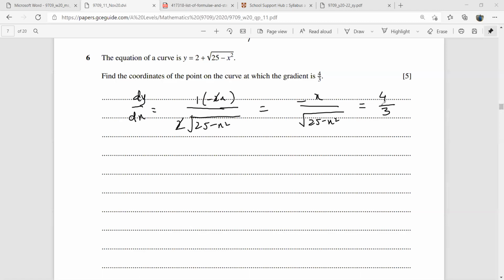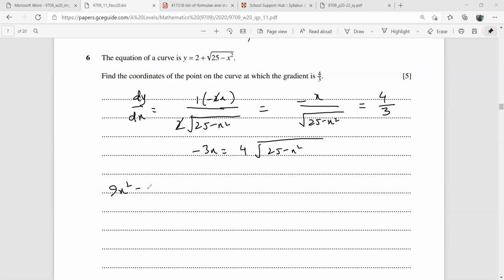Now we know that the gradient is 4/3, so we have to solve this equation. Let's cross multiply. This is −3x = 4√(25 − x²). I'll square both the sides.